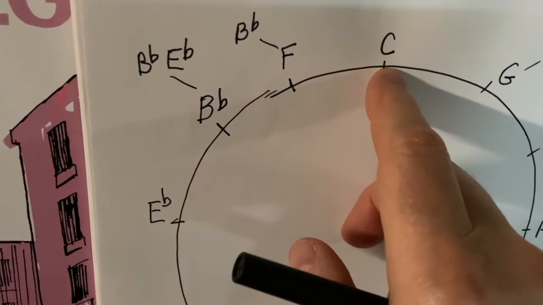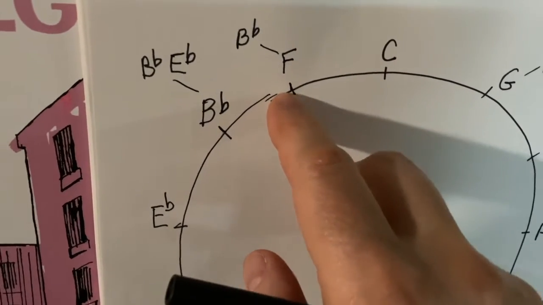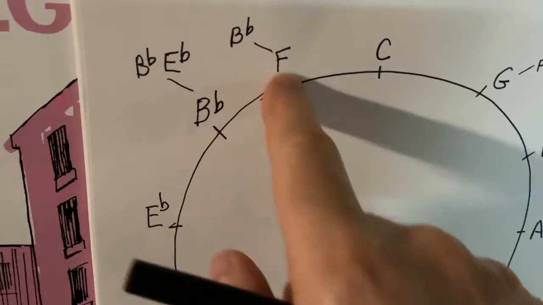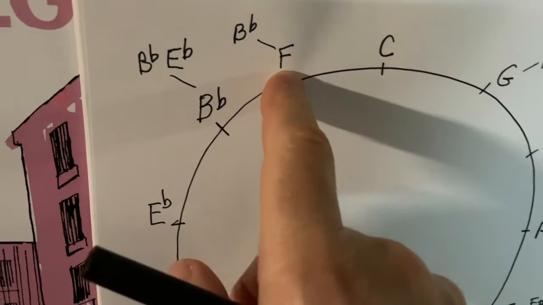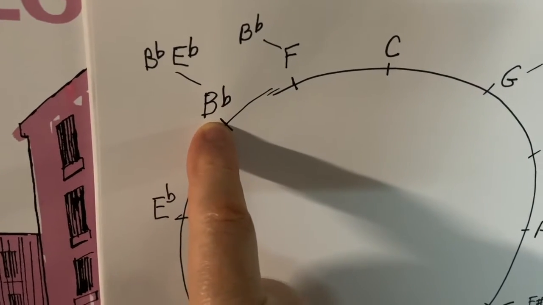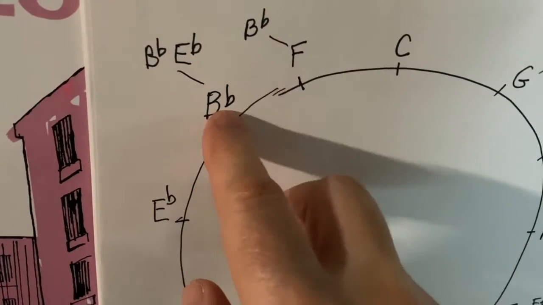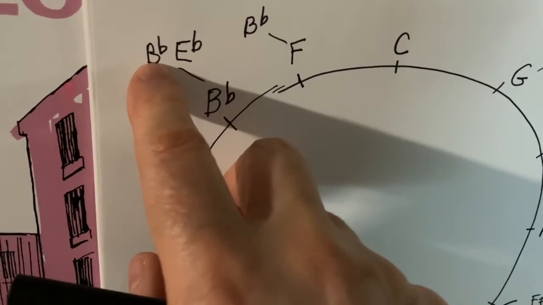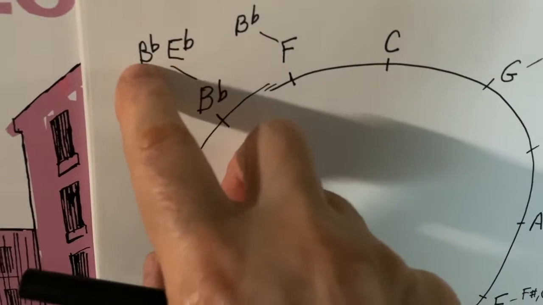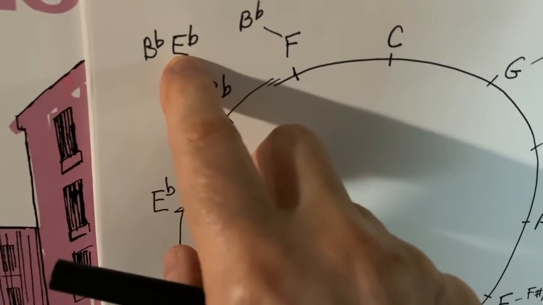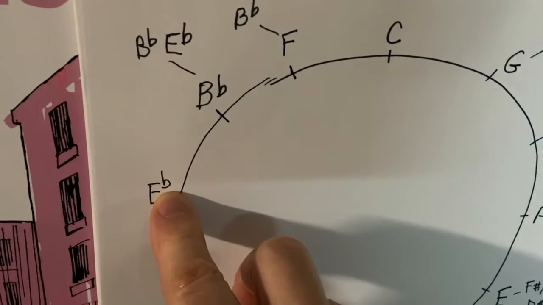So we went up a 4th from C to F, up a 4th to get the B flat that's in F, as well as the name of the next key. The key of B flat has the last flat, plus we added 1 that's up a 4th from it, and also names the next key.